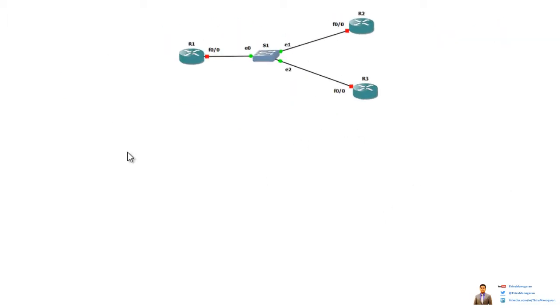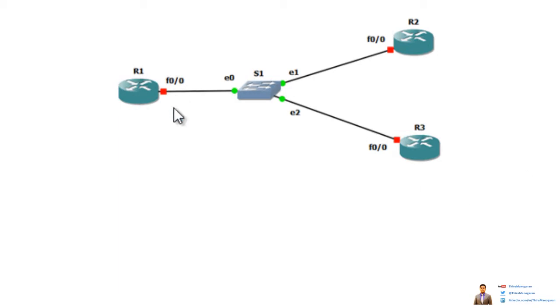In this topology I have three routers and a switch in the middle. In this lab, we are going to configure R1 as a DHCP server, and R2 and R3 will get IP addresses dynamically from that DHCP server.